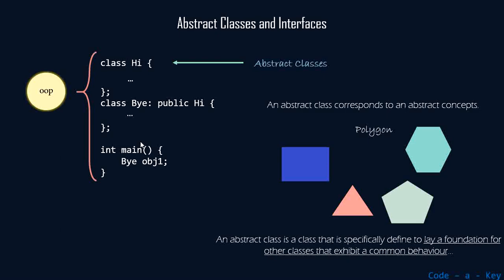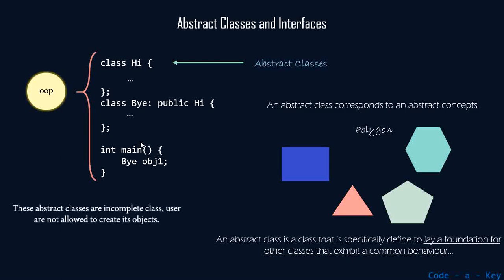It lays a foundation for other classes that exhibit a common behavior. All these figures have a common behavior, that is they are polygons, so they are inheriting the property of polygon. So we do not create an object of polygon, of course. We will be creating an object of rectangle, an object of triangle, an object of other figures. Because they all are inherited, but they don't have any common property because all the others are different, right?